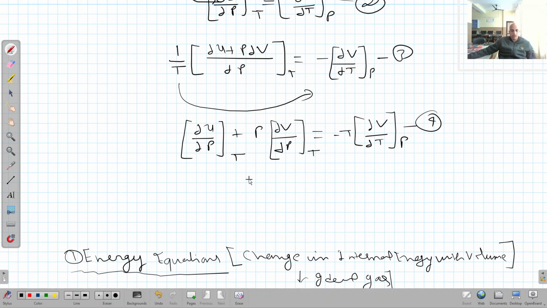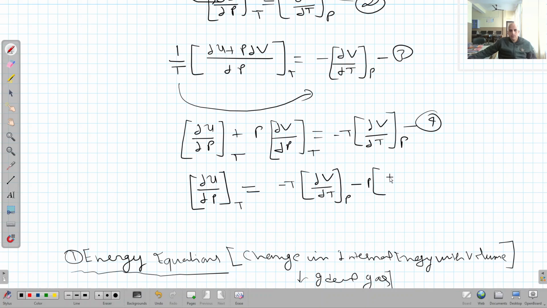Now if I rearrange this equation, it will give me (∂U/∂P) at constant temperature is equal to minus T(∂V/∂T) at constant pressure minus P(∂V/∂P) at constant temperature.